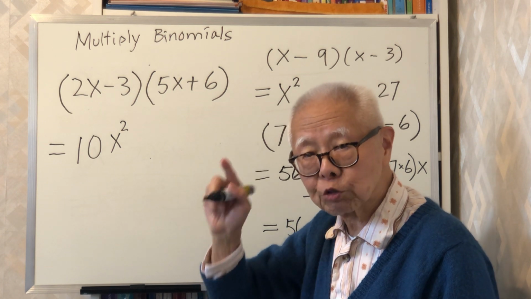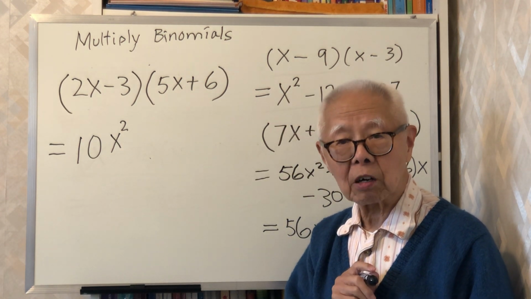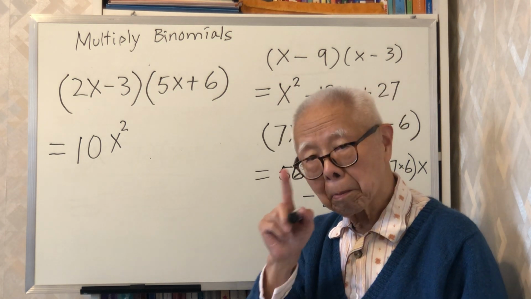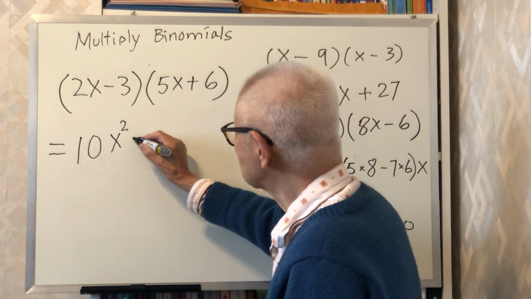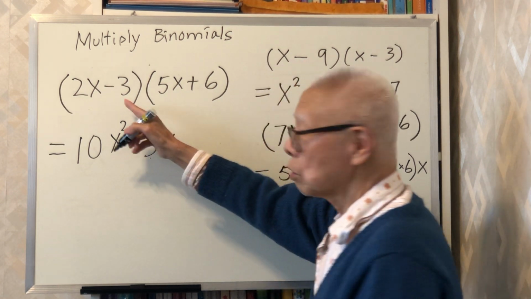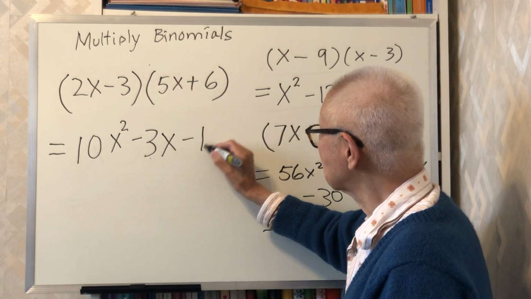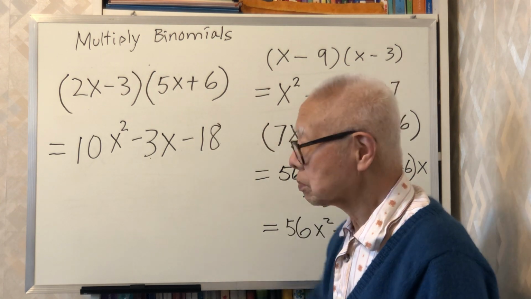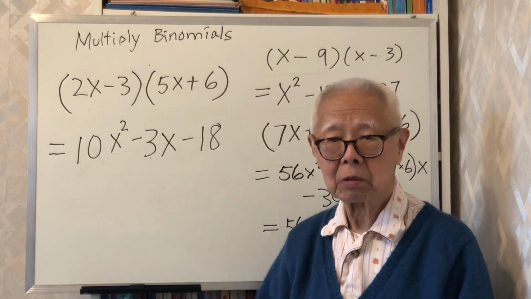It's positive 12. Minus 15 plus 12. What is it? Minus 15 plus 12 is minus 3. Finally, minus 3 times 6. That's your answer.